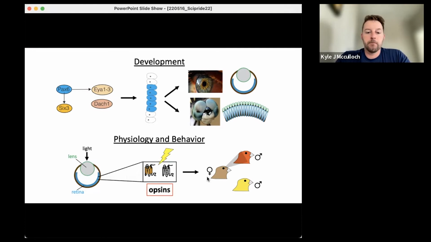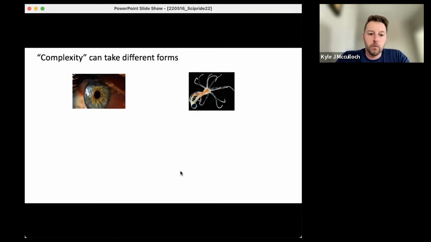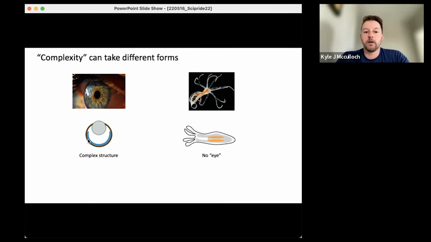And so why study the anemone? Well, this is because complexity can take many different forms. What we think of as complex in the human eye is a complex structure, whereas a sea anemone has no eyes. The human eye is made up of multiple different tissue types. We know that there are many, many photoreceptor cells in the human retina.